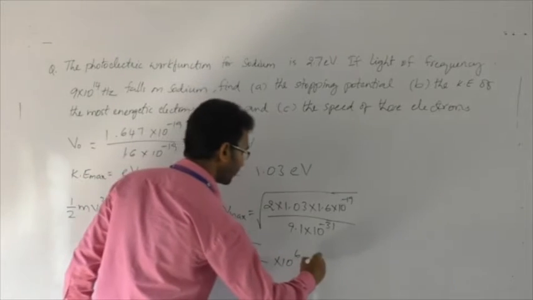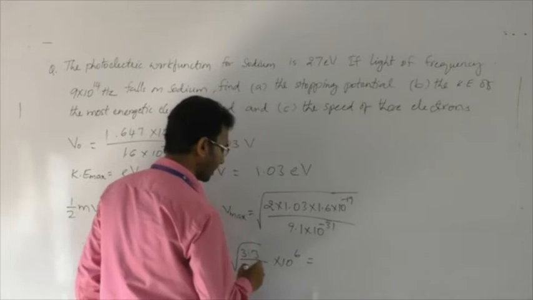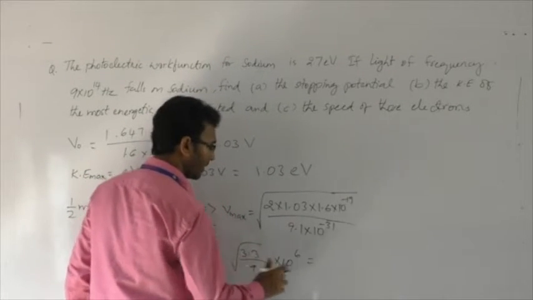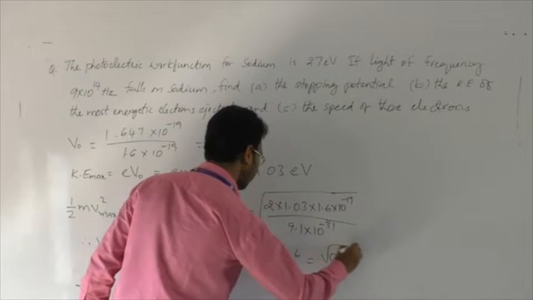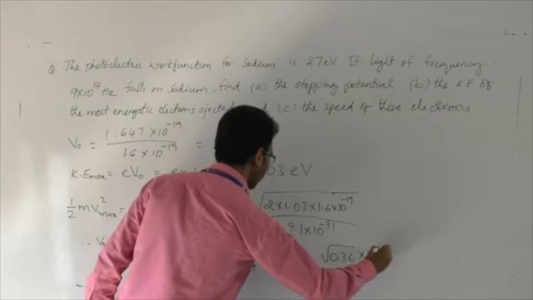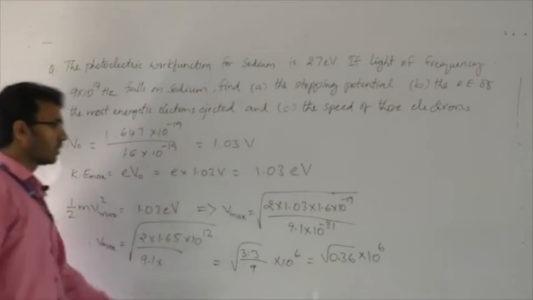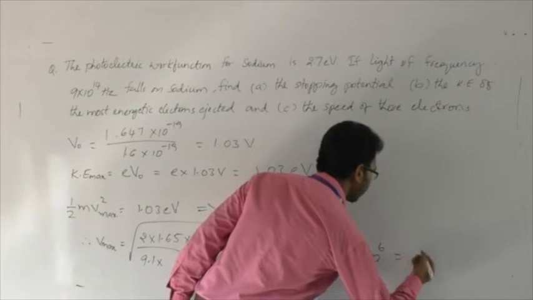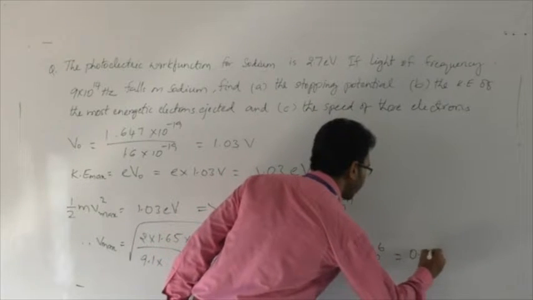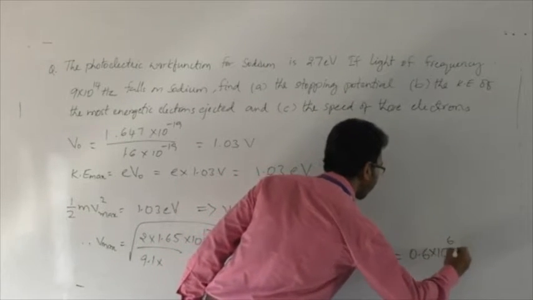Now how much is this? 3.3 by 9 is roughly 0.36 into 10 power 6. So root of 0.36 is 0.6. 0.6 into 10 power 6 meter per second.